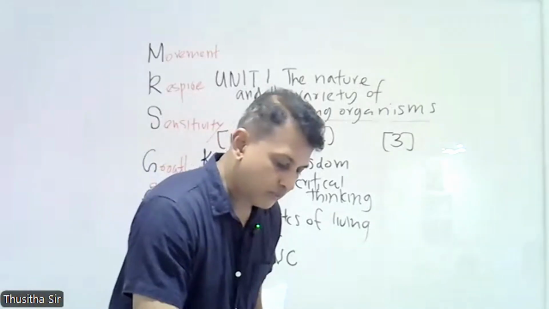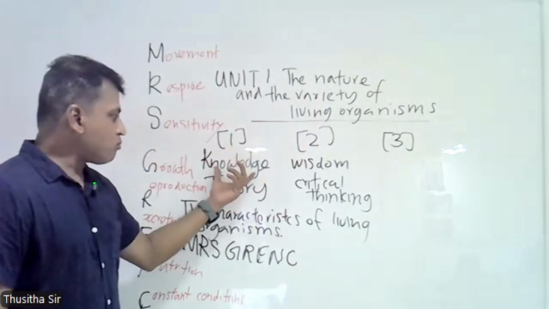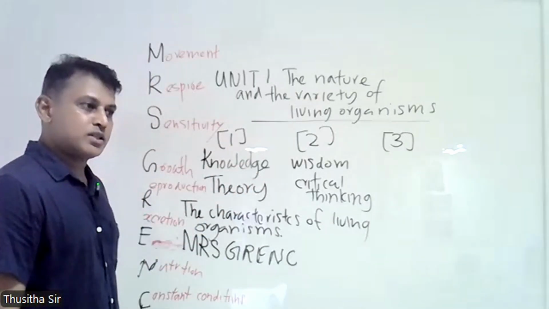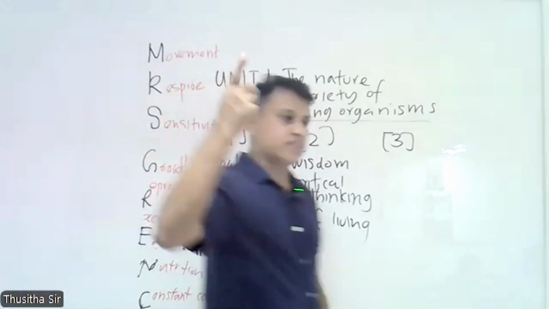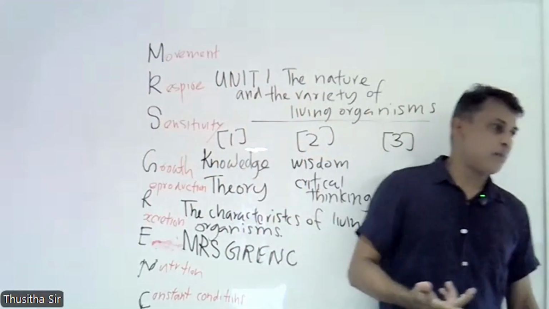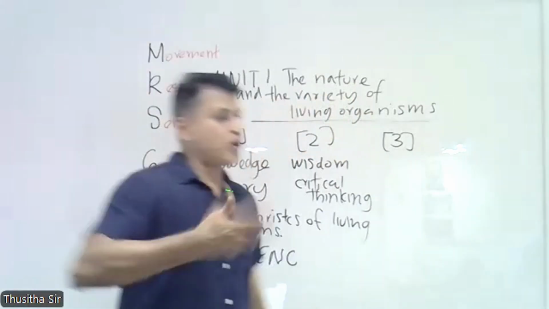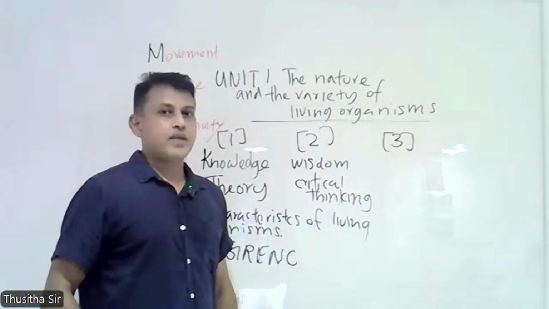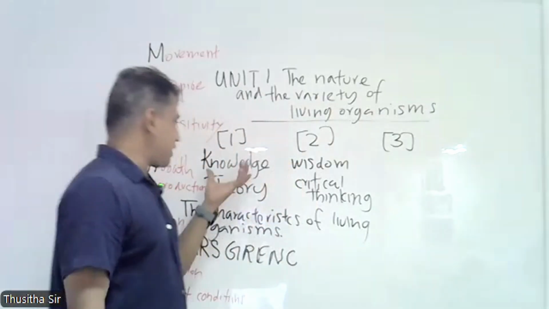Now, the first component, knowledge, is actually this. What does it mean? If I ask you next week to list all the characteristics of living organisms, you are going to tell me Mrs. Grenk, movement and so on. So that's knowledge.